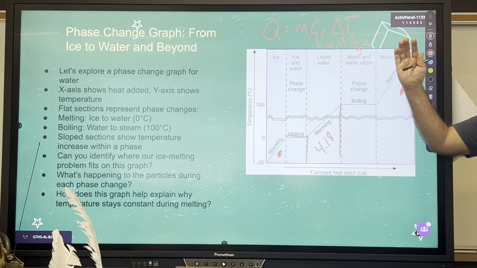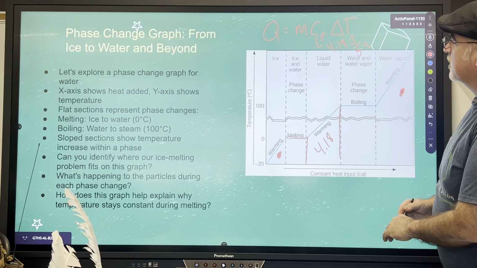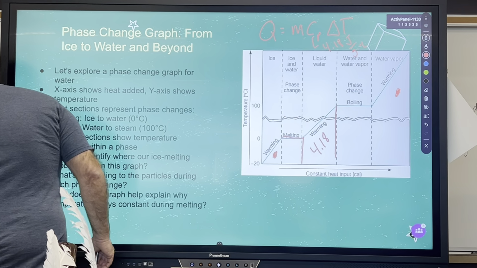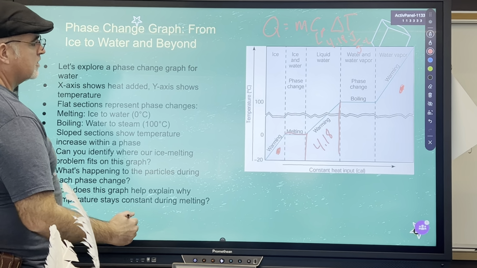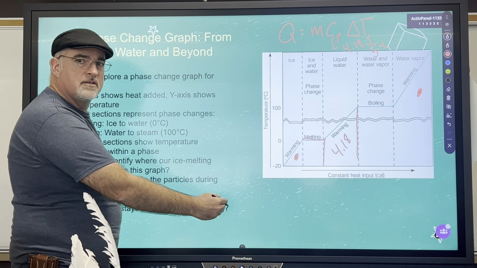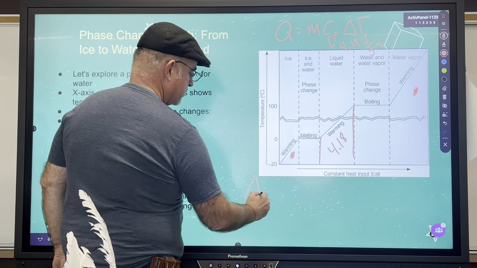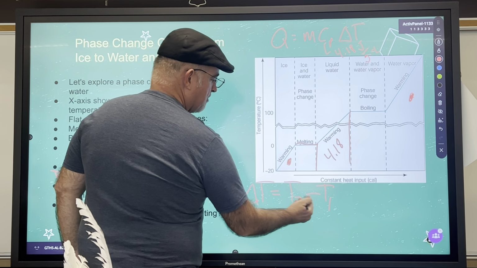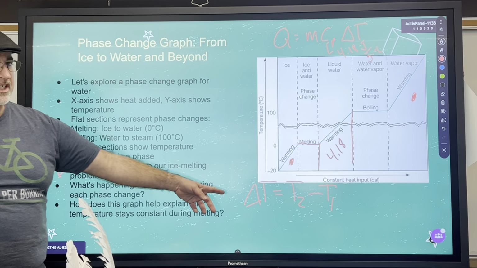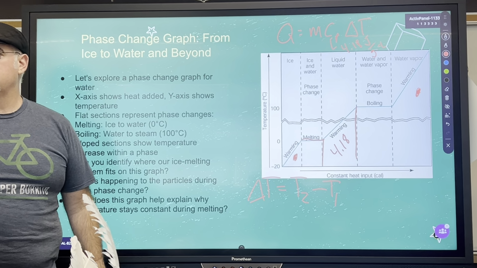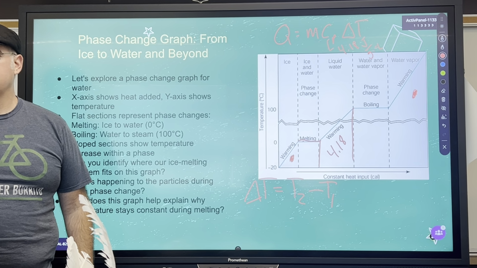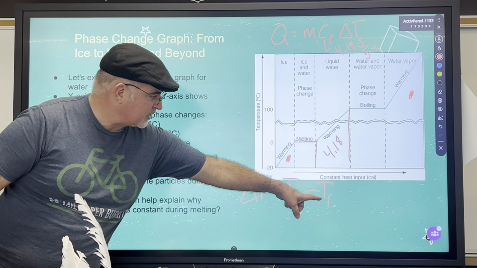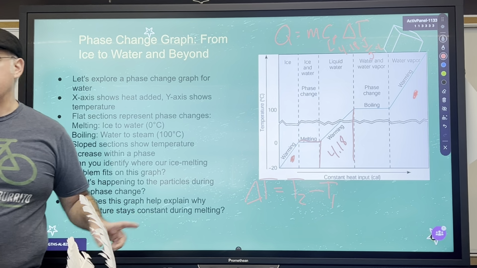Let's go into this. Can you see down here with the video? Okay, so if delta T is temperature 2 minus temperature 1, and both of these temperatures are the same, what's delta T going to be? 0.